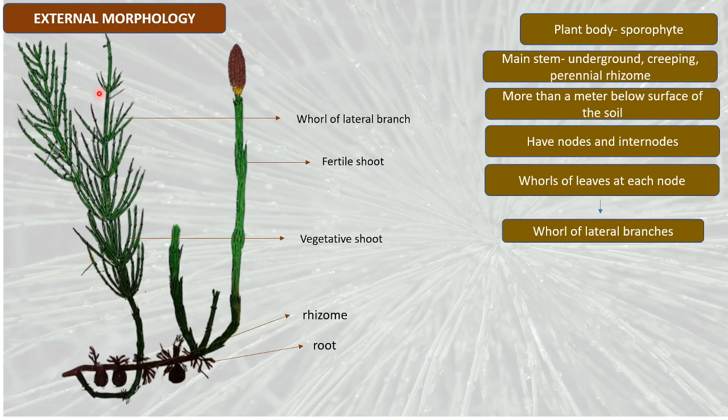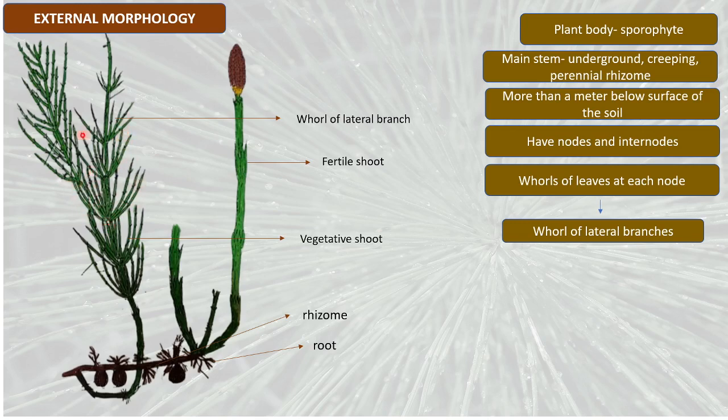Now this is the vegetative shoot, as I told. This vegetative shoot has the presence of lateral branches. Branches that arise from the node and the axil of a leaf are called lateral branches. So these that you see are actually lateral branches arising from the nodal area, right?